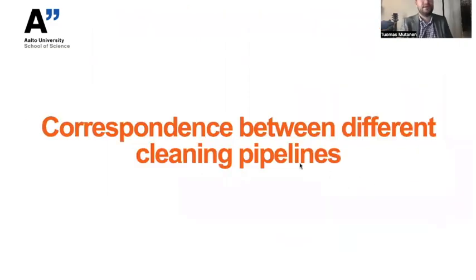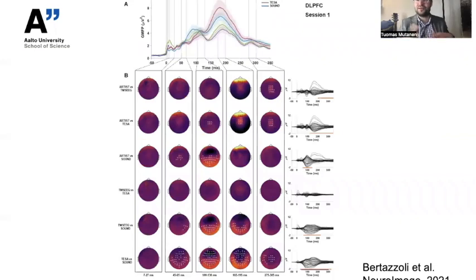And now finally, I will spend a couple of minutes talking about the recent findings that we have got from comparing the different pipelines for TMS-EEG pre-processing. As you might know, there are multiple different pipelines, and different groups are using different combinations of independent component analysis, filtering, and all these forward modeling based methods that we described.